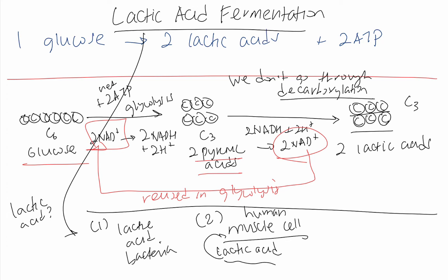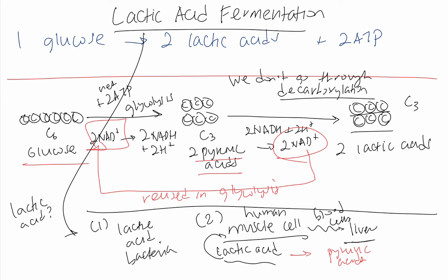And what's going to happen is that lactic acid is then going to be sent to the liver via blood cells. And in that liver, that lactic acid is going to be converted into, that's right, pyruvic acids. And you can see where we're going here, right?